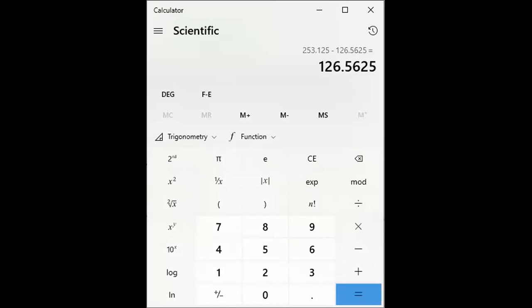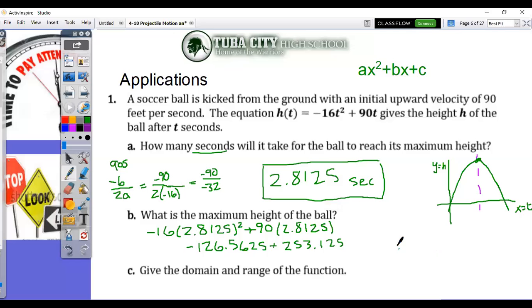Okay, it might be a mistake. We got this 126.5625 number, but maybe I pushed the wrong button. Let's double it. So I'm going to times it by 2, and it turns out that actually it is exactly halfway. So it seems like we made a mistake, but we didn't.